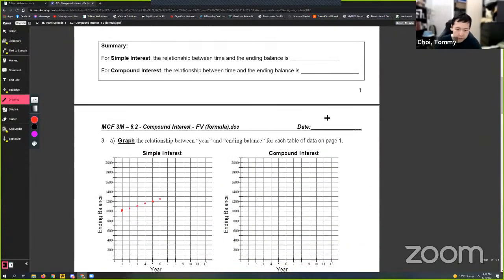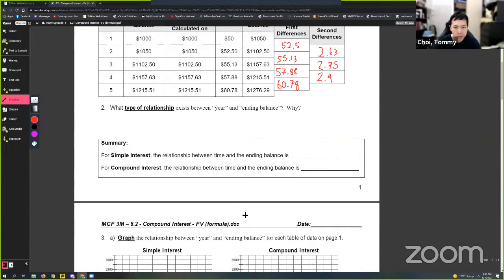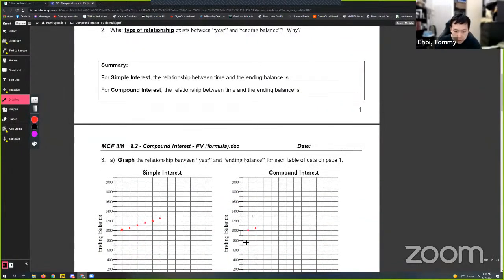So we have 1,000 at year 1. 1,050 at year 2. And then we have 1,102. So it would be a little bit higher, right?